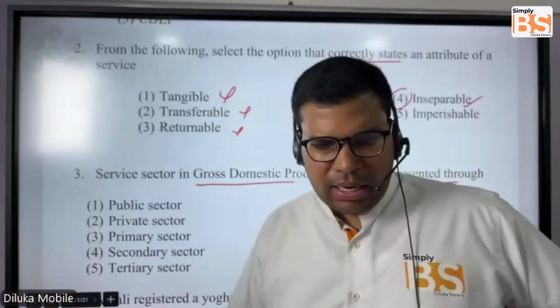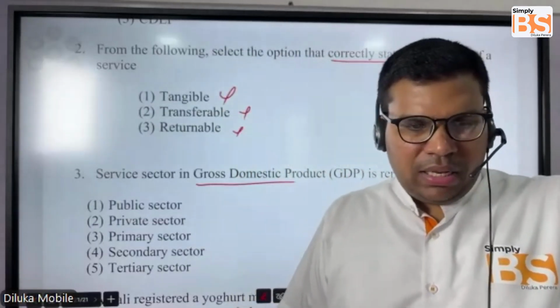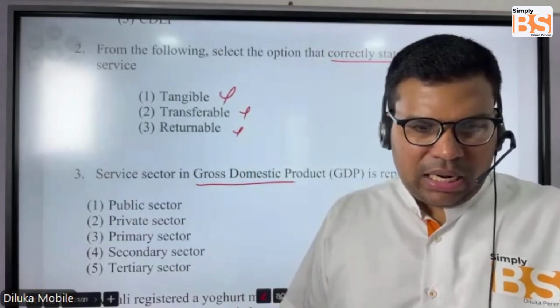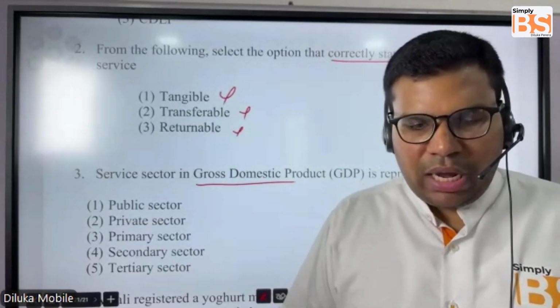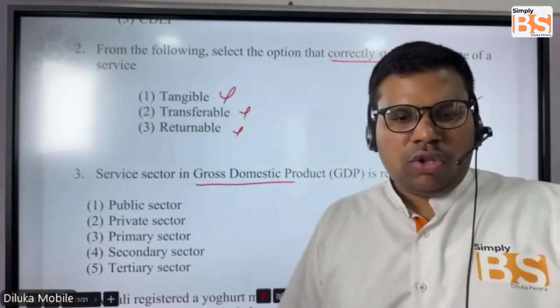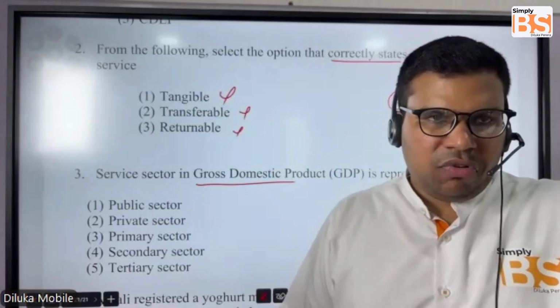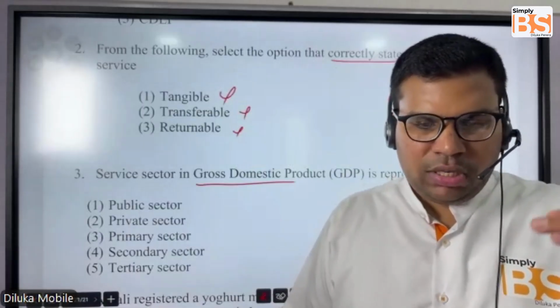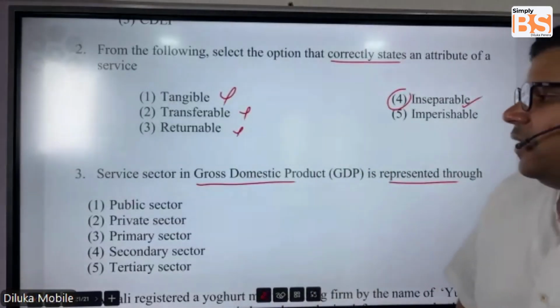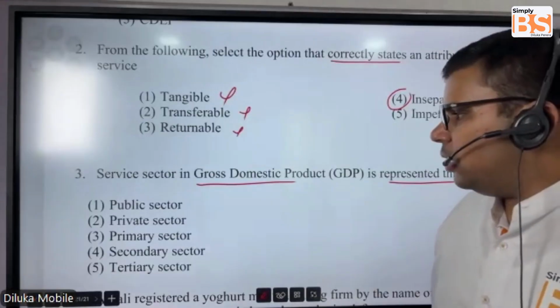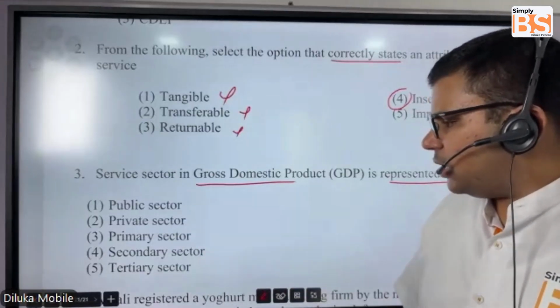Either the addition of primary, secondary, and tertiary sectors, then we calculate the total value created. Or, according to sector-wise, agriculture, forestry and fishing, industries, and then we have services. So the service sector is classified under GDP, not public sector, not private sector, not primary sector.